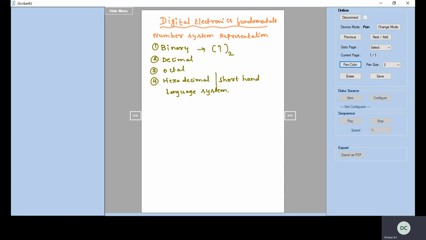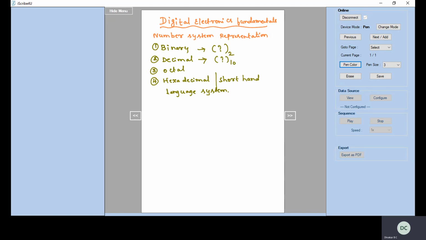This system is very simple and easy for us to perform any mathematical operation. As the name deci means 10, it has 10 different levels or symbols, which are 0, 1, 2, 3 up to 9. The base or radix of the decimal number system is 10.